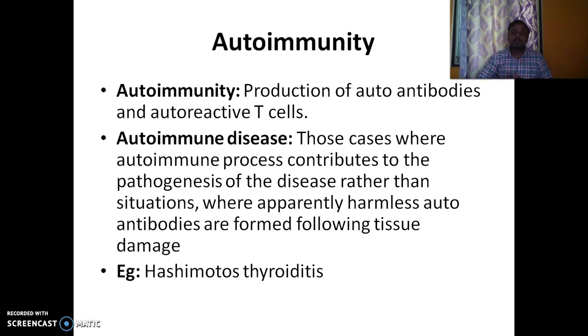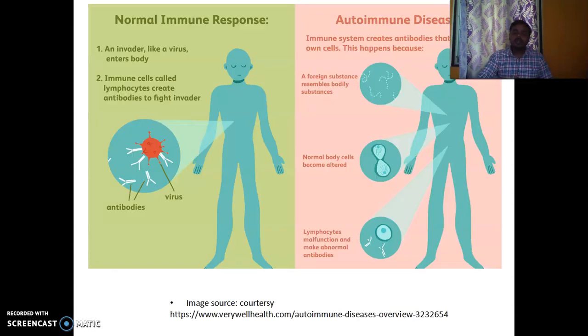A very common example of autoimmune disease is Hashimoto's thyroiditis. We will see the basic difference in how this happens. In a normal immune response, when an invader like a virus or bacteria enters the body, our immune cells, like lymphocytes, create antibodies to fight this foreign invader.